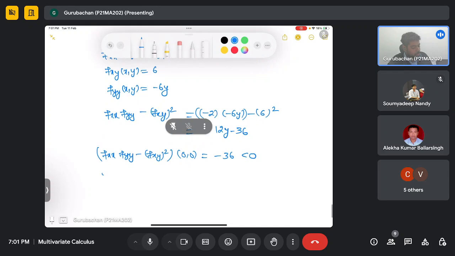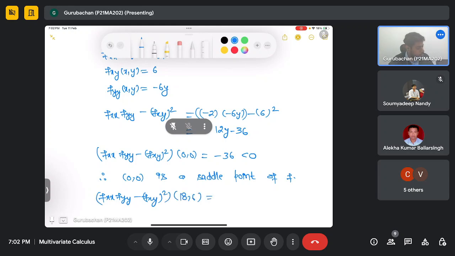Therefore, (0, 0) is a saddle point of f by the second derivative test. Now, compute fxx fyy minus fxy square at the point (18, 6). So this will give us 12 times 6 is 72, minus 36, which gives us 36, which is greater than 0.